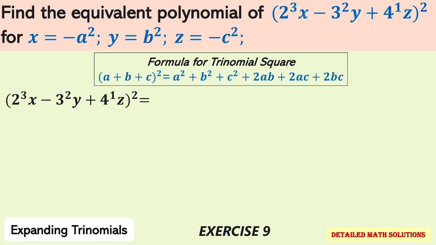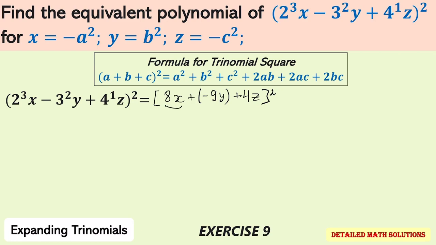In order for me to use the formula, I need to write the trinomial as, in square parentheses, 8x plus negative 9y, in parentheses, plus 4z, closing square parentheses, squared.